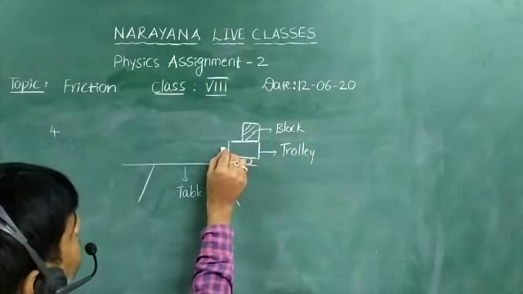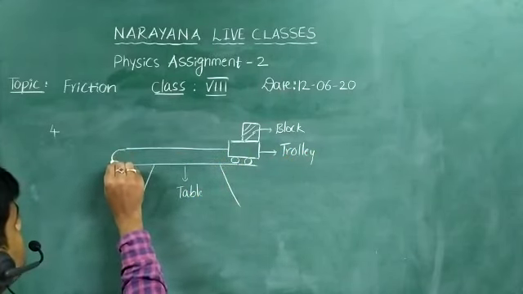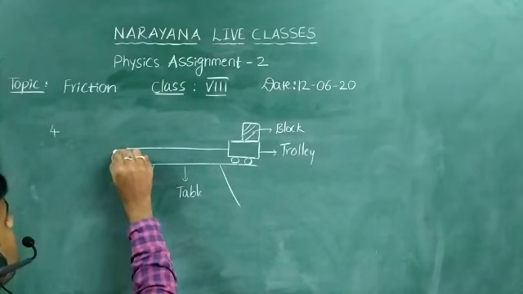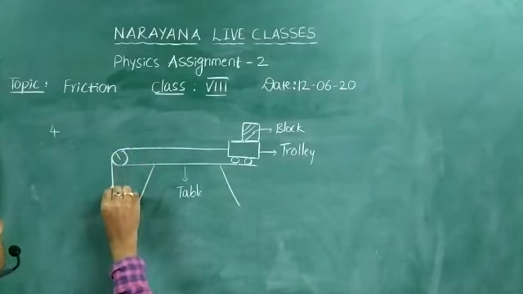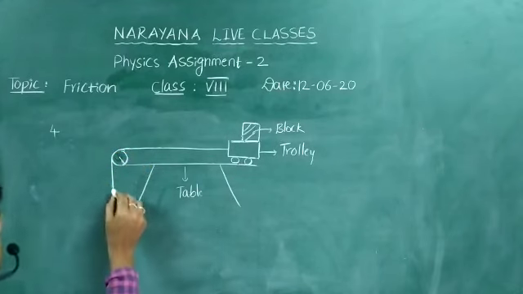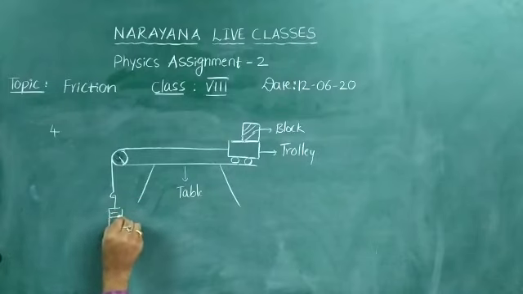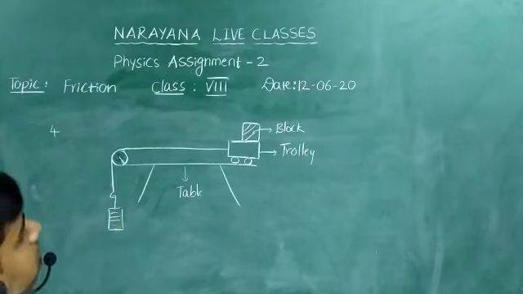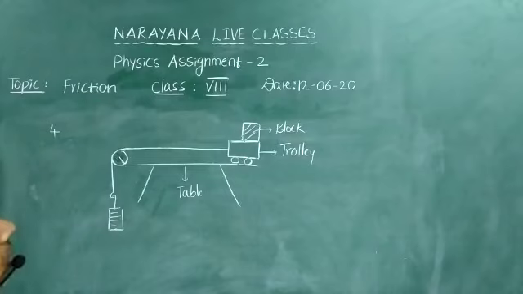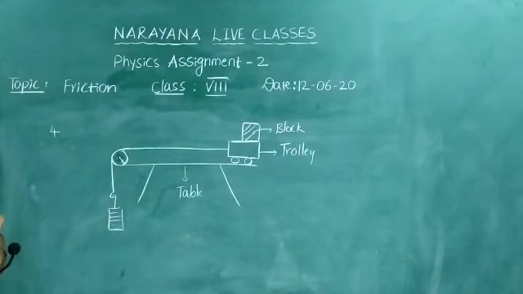One end of the trolley is attached to a string, and then there is a pulley. Then the weights are hanging from the hanging hook. So this is the arrangement of the experiment which gives an understanding of static friction.